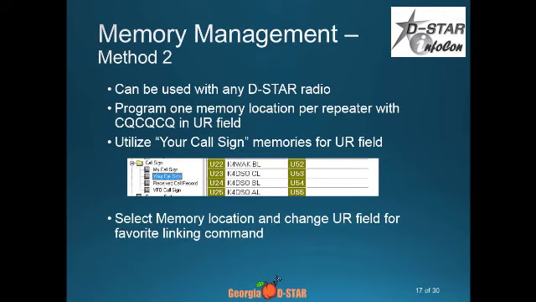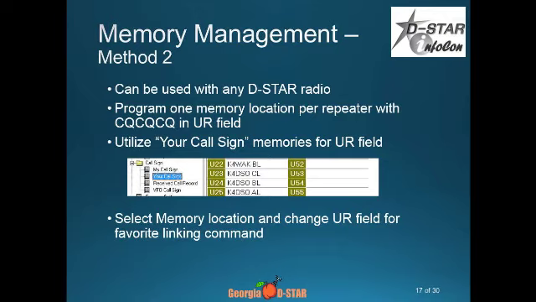And rather than have to have a separate memory location for what's in the UR field, you can have those in, and you see this little excerpt here from the Icom programming software under your call sign, and there's 60 of them, I think, in there. So you could store your favorite 60 commands in there.